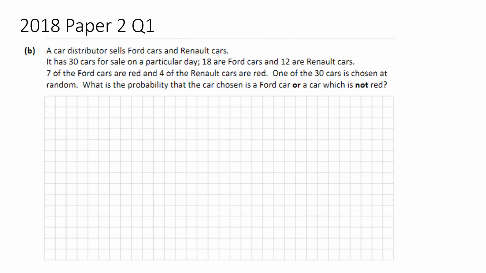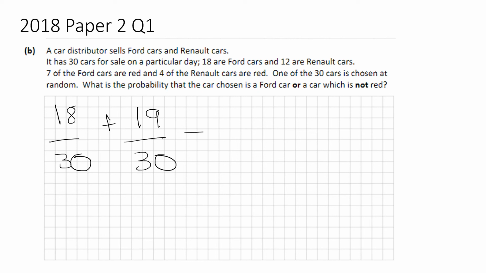So another way that you can solve the same question is that you know that there's 18 that are Ford cars, and then how many of them are not red? Well, you know that 7 add 4 is 11, so that makes it 19 that are not red.